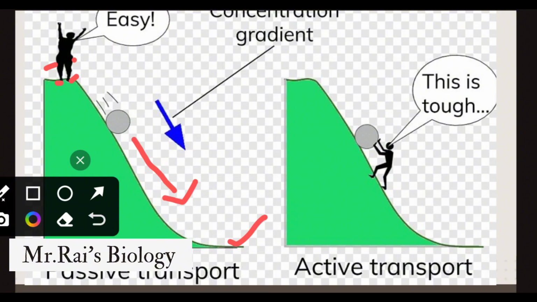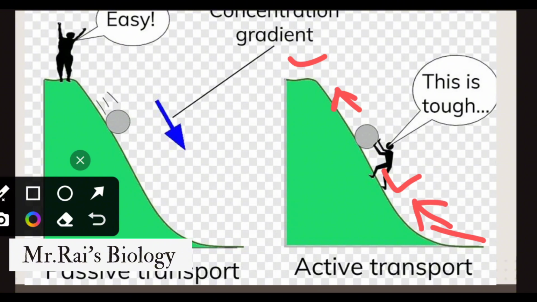The particles move from high to low without using energy. In active transport, the rock is at the bottom and I have to push it up to the top. I have to give energy to the rock, so that is movement of particles from lower concentration to the higher concentration using energy. That is active transport.